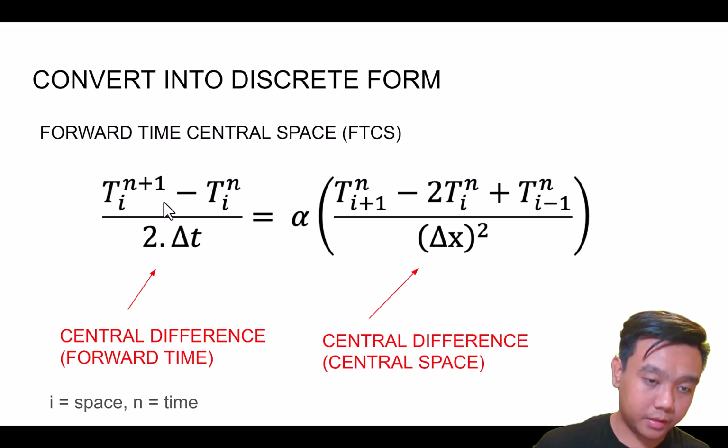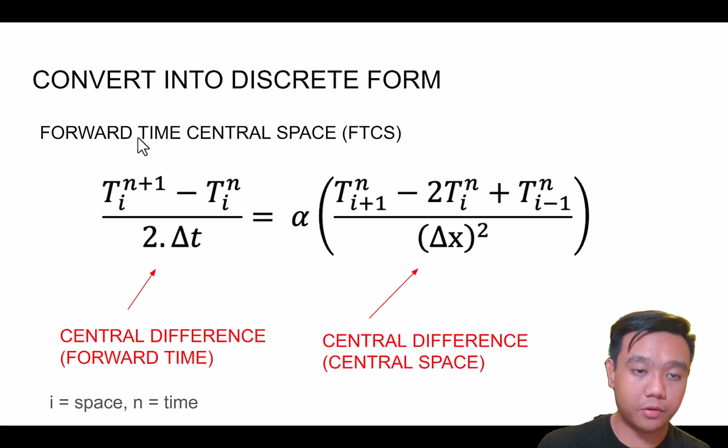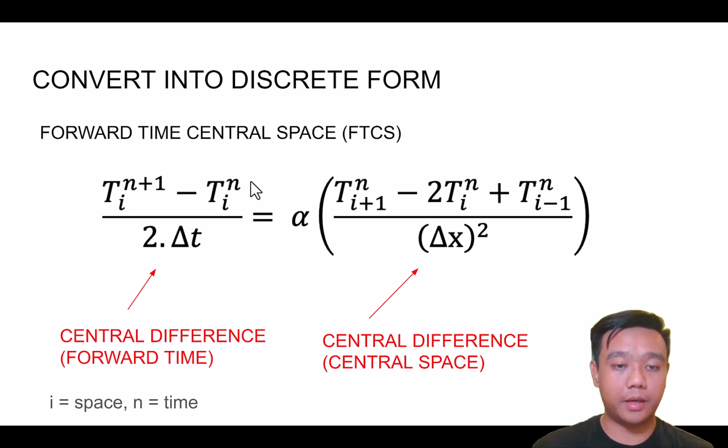And this scheme is also known as the forward time central space, because the time will be forward, from n to n plus 1, and the central space means that the space consists of i plus 1 and i minus 1.